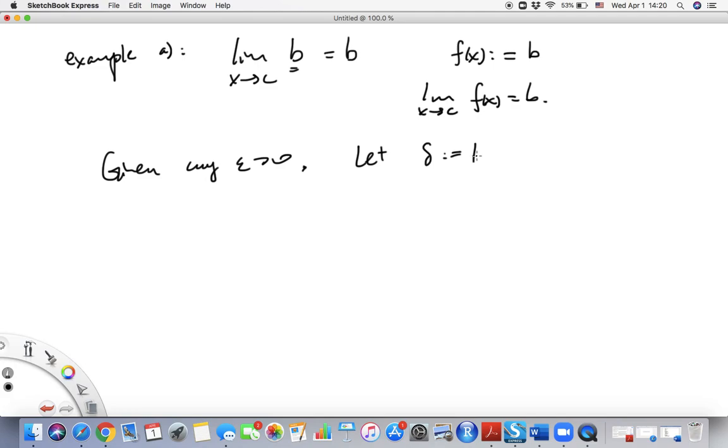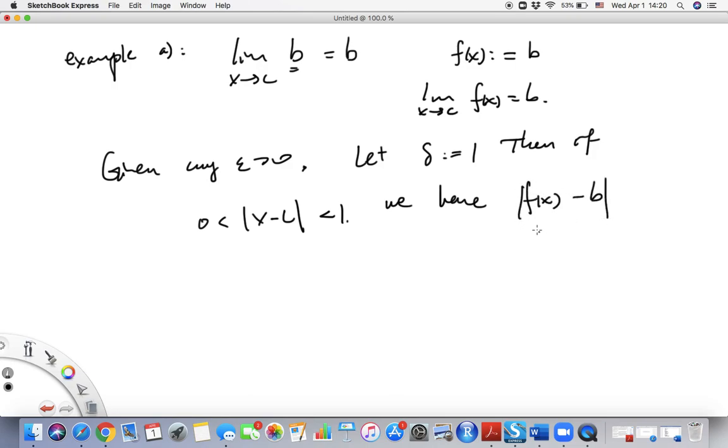So let delta equal 1, then if 0 is less than |x minus c| less than 1, we have |f of x minus b|. Remember, f of x is the constant function b. That's b minus b, which is equal to 0, which is, of course, less than epsilon. So by the definition of the limit, because such a delta exists, we know that the limit is equal to b.